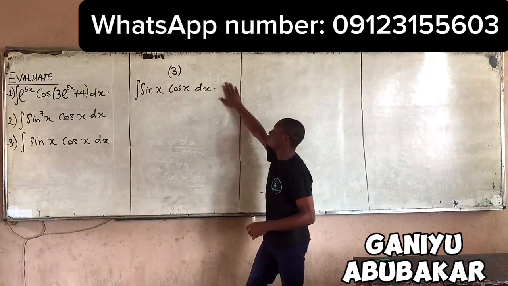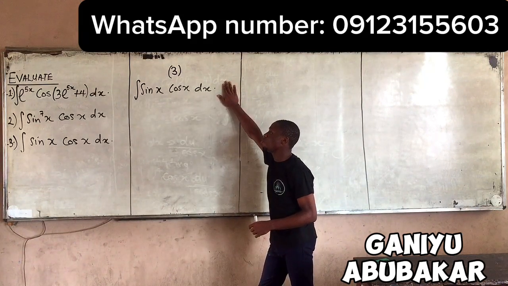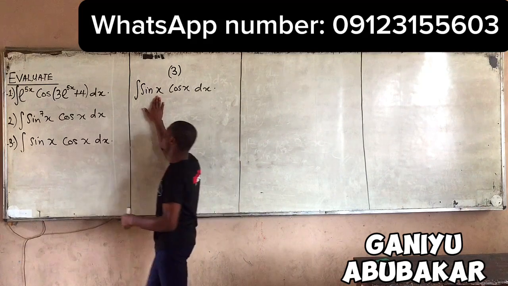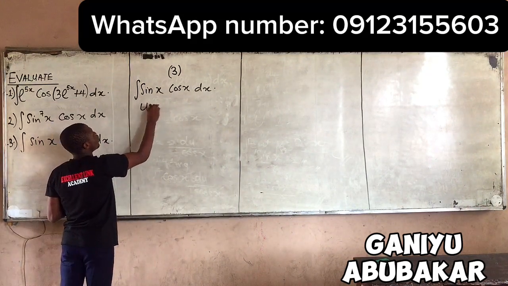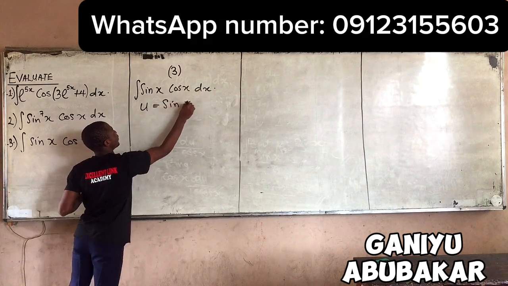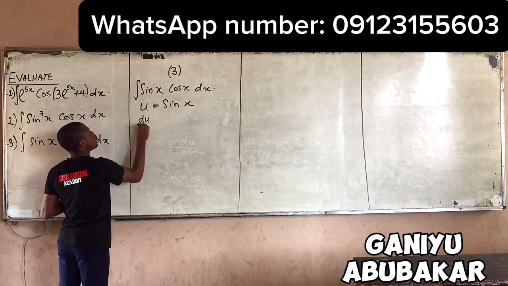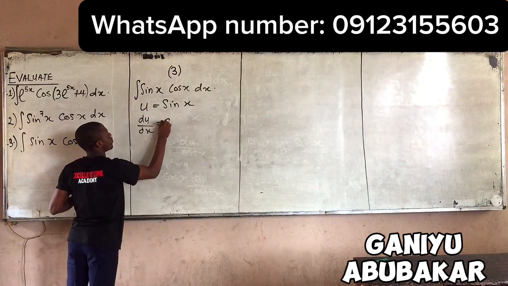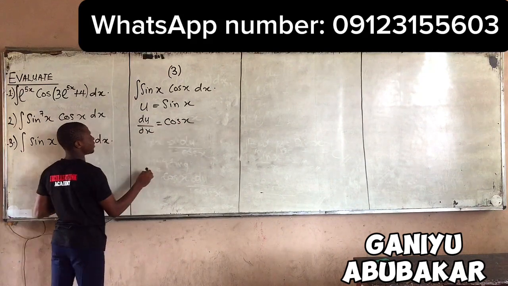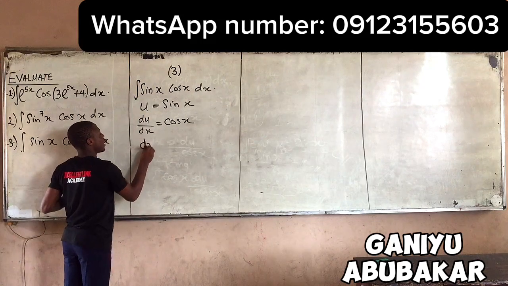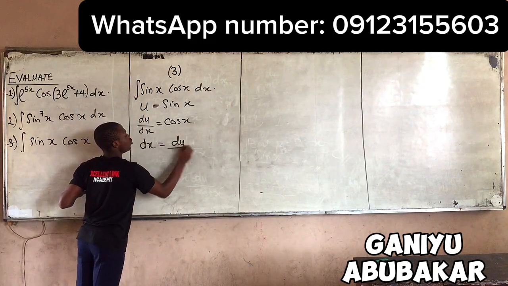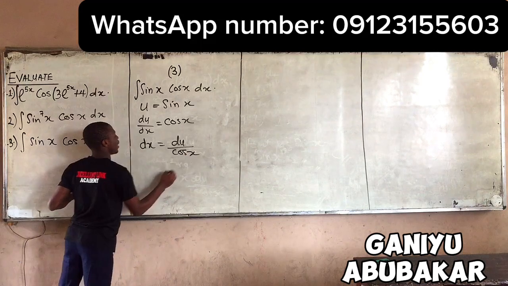How you solve this is my first step is to make sin x the subject, perhaps sin x be u. So I'll have u equal to sin x from here. So du/dx, of course, I'll have cos x. Making dx the subject of the formula, I'll have dx equal to du over cos x.